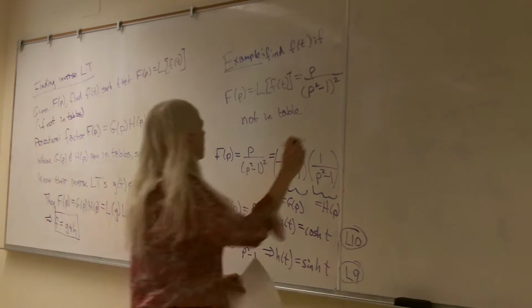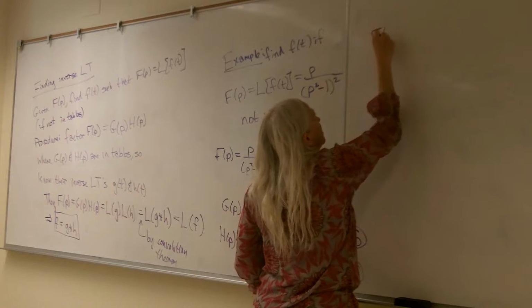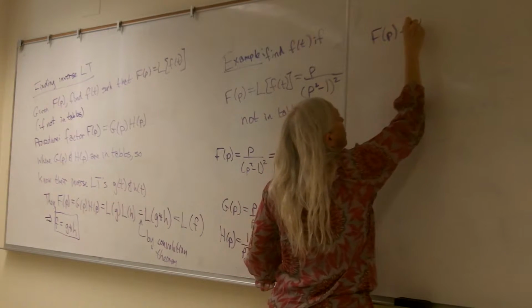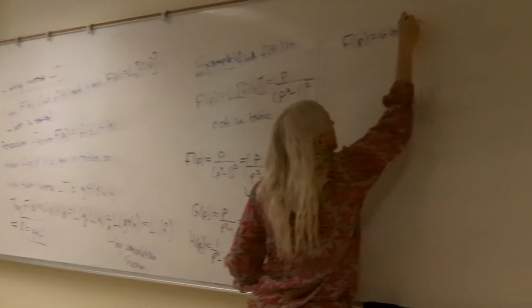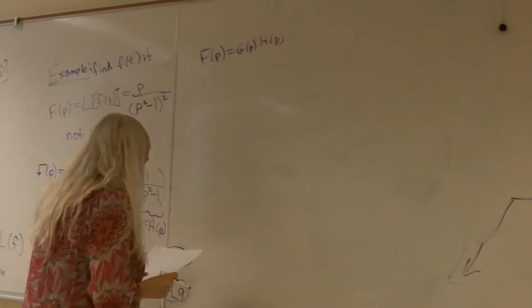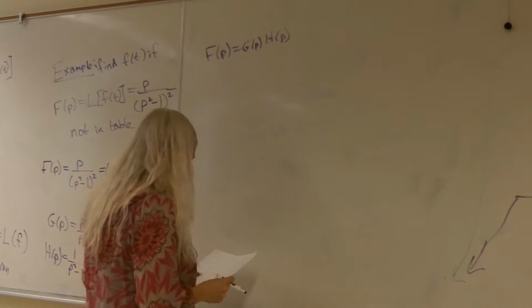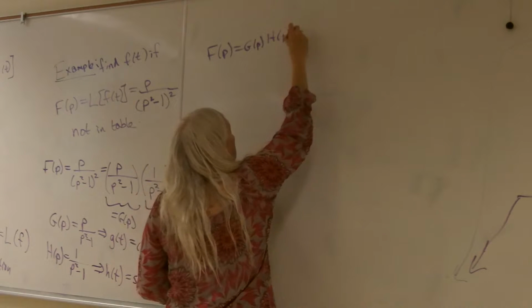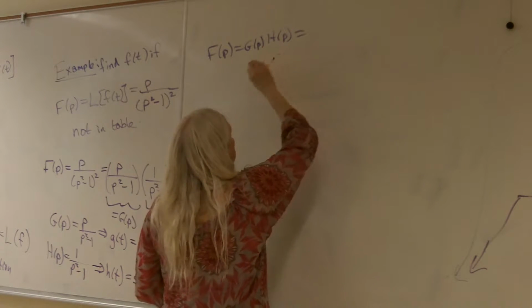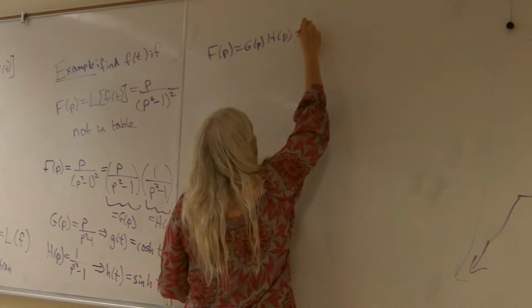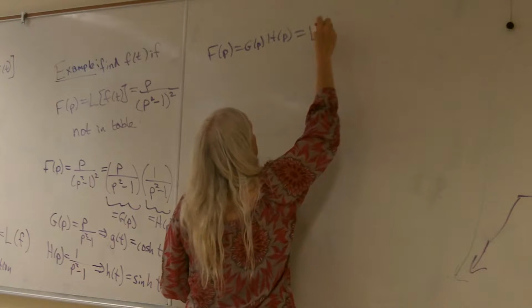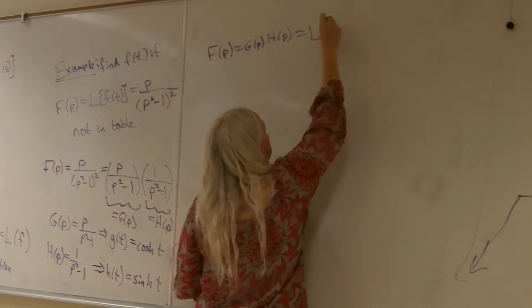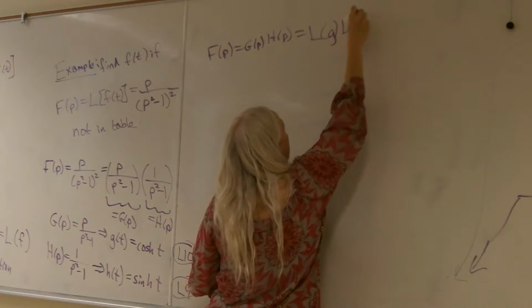Well, since capital F of p is equal to capital G of p times capital H of p, and again by the convolution theorem, actually first let's write it as the Laplace transform of little g times the Laplace transform of little h.